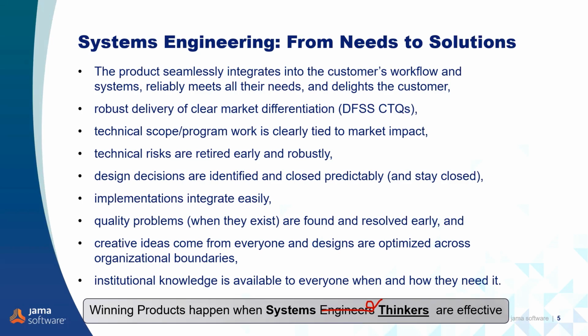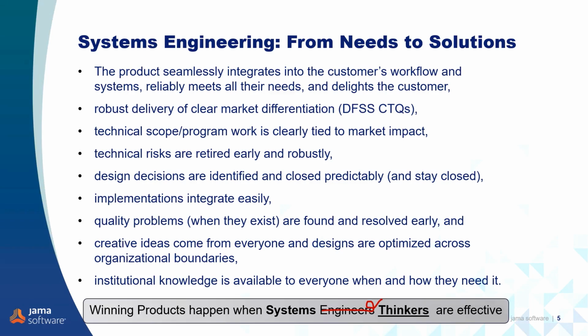In doing all those first 4 bullets, our key value is making sure design decisions are identified and closed predictably, that the team acts with one voice. So decisions are framed, the options are agreed to, the decision criteria are agreed to, and the final decision is closed and stays closed as stakeholders change.